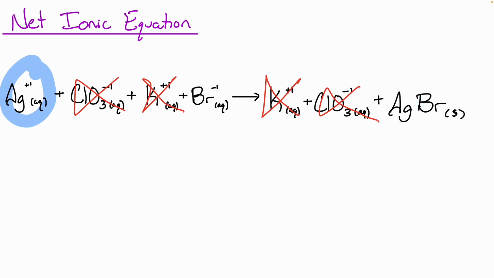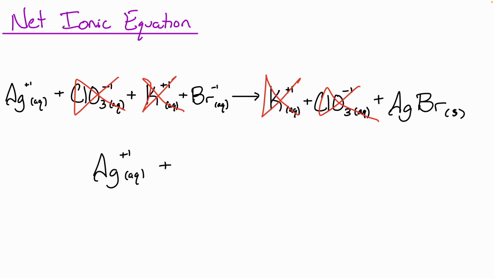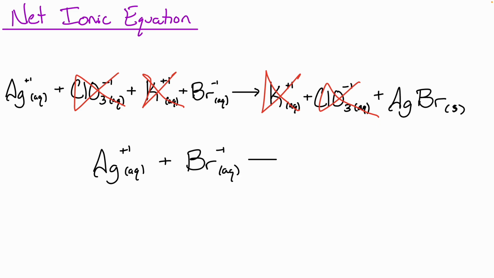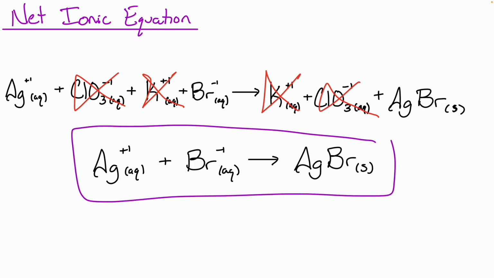No, they're not exact matches. One of them is an aqueous silver ion, the other one is silver in silver bromide. So these are the only two things that I can cancel. Once you're done canceling, you rewrite, and that is your net ionic equation. Silver plus bromide gives you solid silver bromide. Boom, final answer, my net ionic equation.